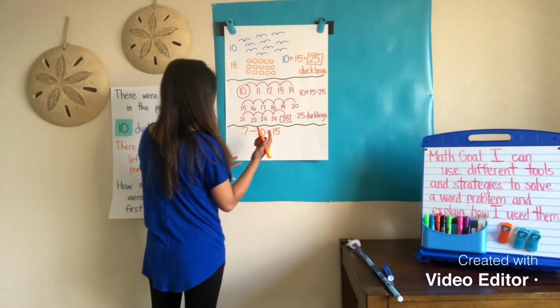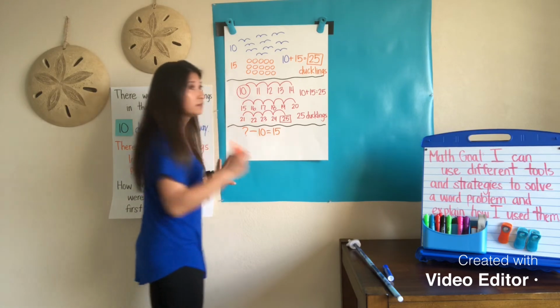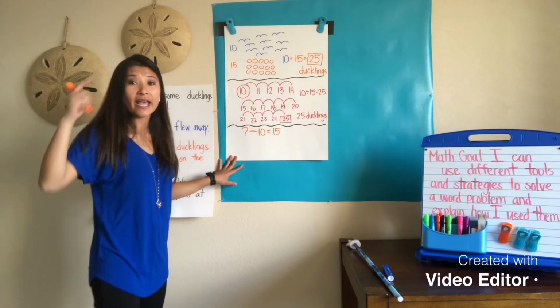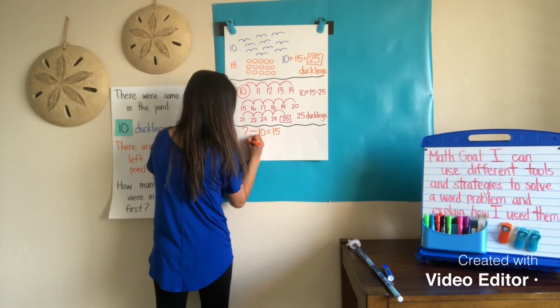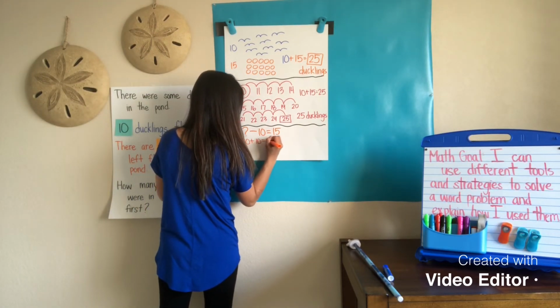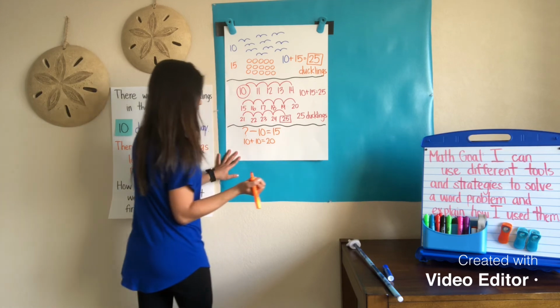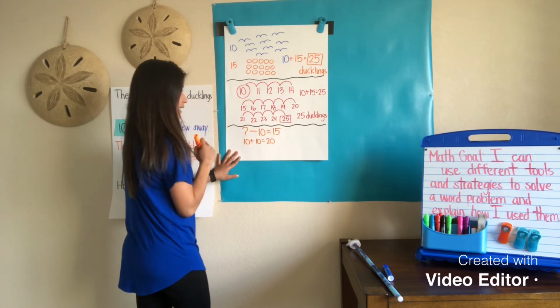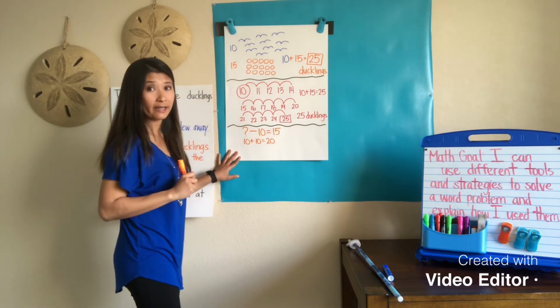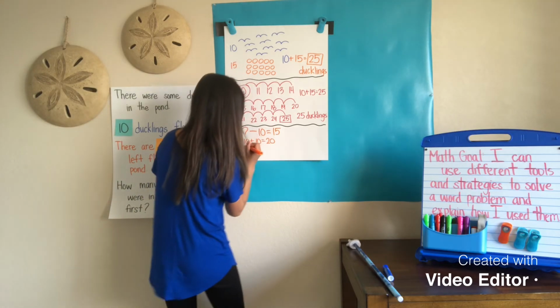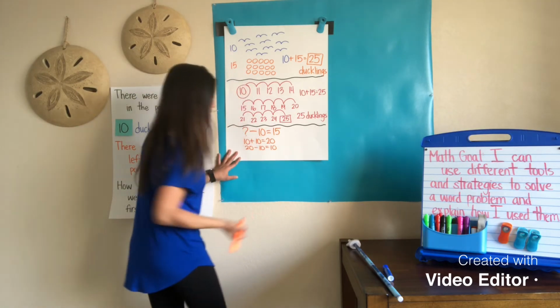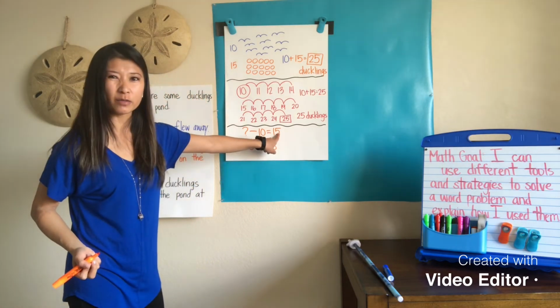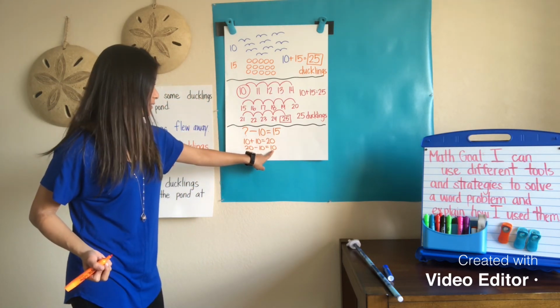So for example, he might say, well, I know that 10 plus 10 equals 20. So 20 minus 10 equals 10. But I'm looking for the number 15, not 10.